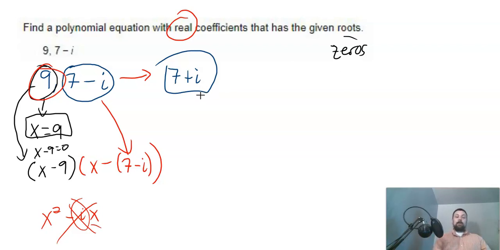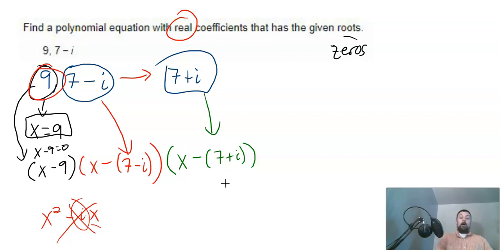And if we add this conjugate to the list, then we need to set up another factor for this root, right? So if I want 7 plus i to be a root, then I need x minus that number, 7 plus i, to be a factor of the polynomial.